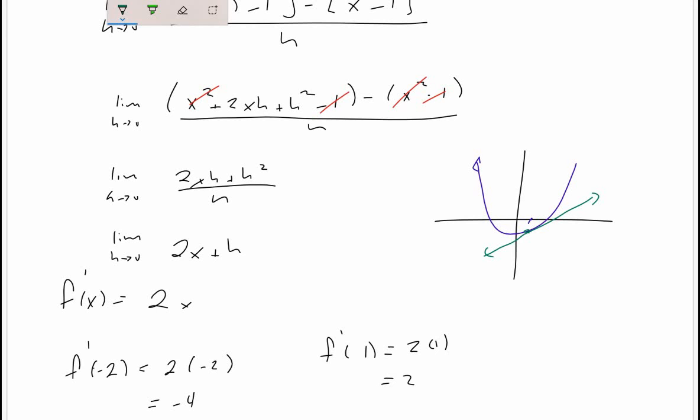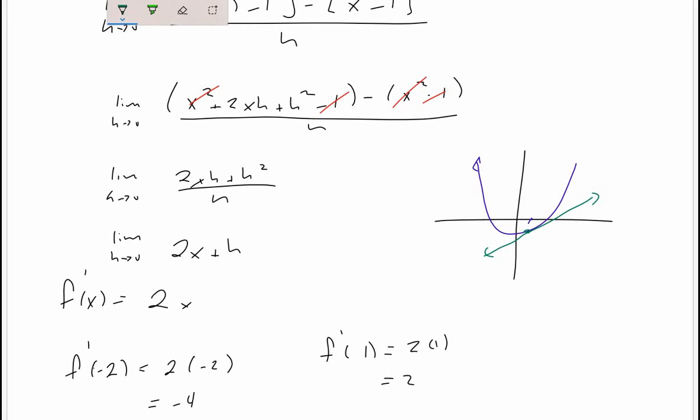So that's how we find the derivative of a function and the derivative of a function at a point, and kind of what we're looking at. Now, we are going to get easier ways to do this stuff in upcoming weeks. This is the definition of it, and there are lots of functions out there where we have to rely on the definition.